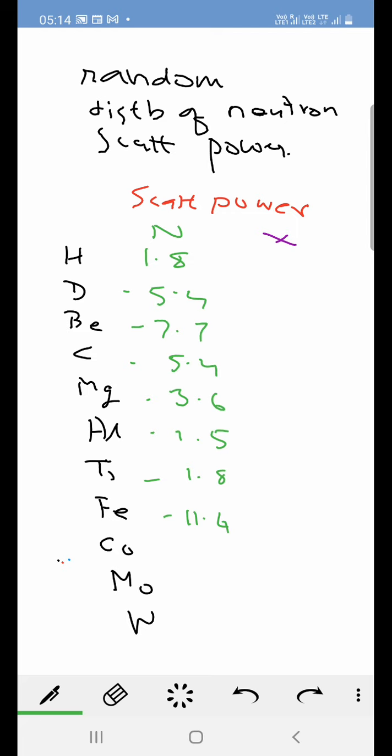For cobalt it is 1.0, for molybdenum it is 5.5, and for tungsten it is 2.7.